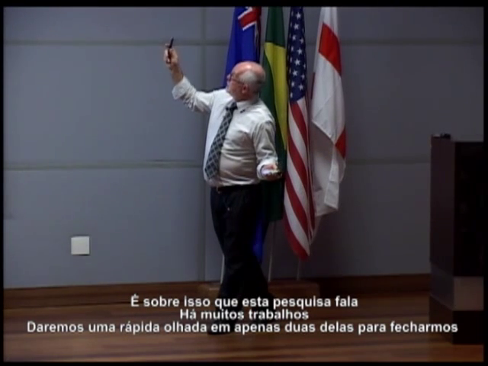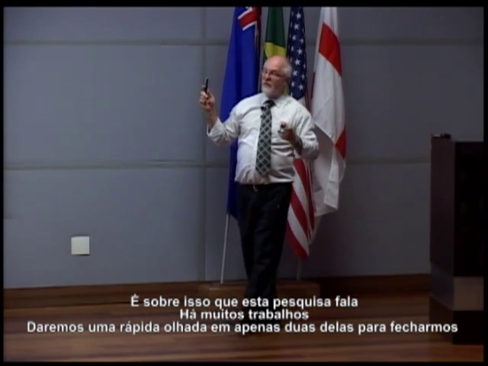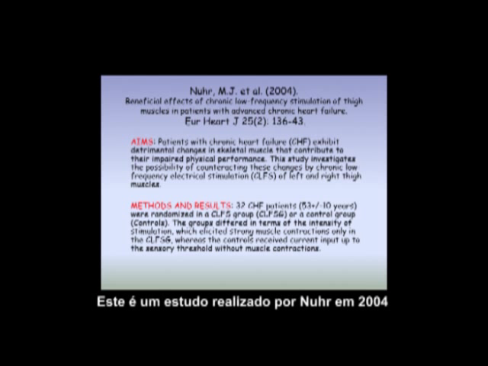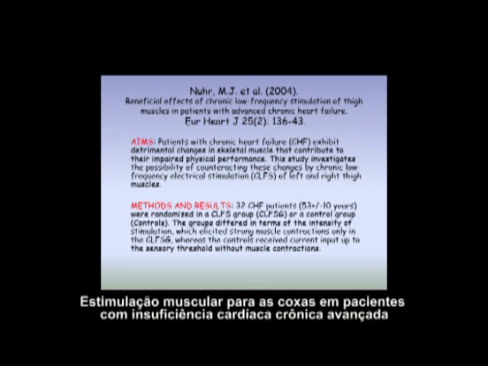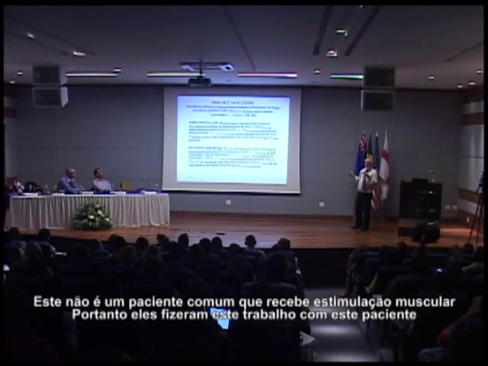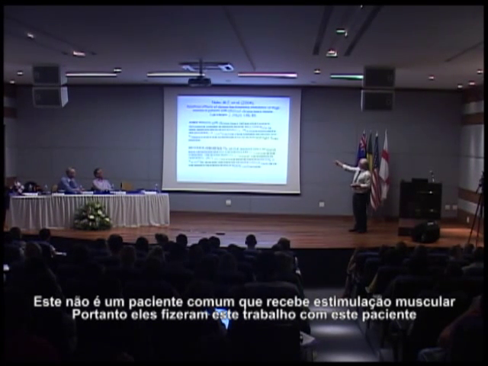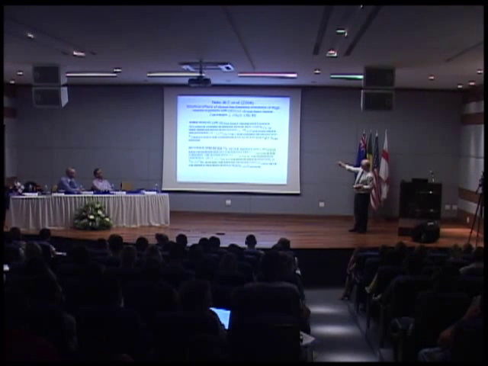So we'll look at two very quickly, then I'll wrap it up. This is a study by Muir in 2004. Muscle stim to the thigh in patients with advanced chronic heart failure. This is not our normal muscle stim patient. So they did this in their patients.